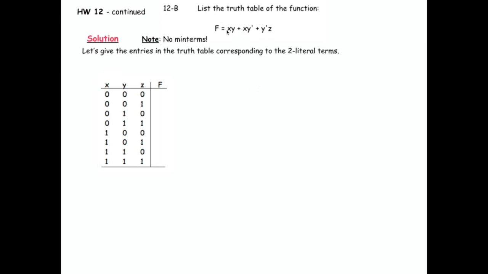Each term here, these are not minterms, is made up of 2 literals. The first 2 are made up of xy, the last one is made up of yz. Now we'll try, as quickly and easily as possible, to come up with the function value for each of those products.